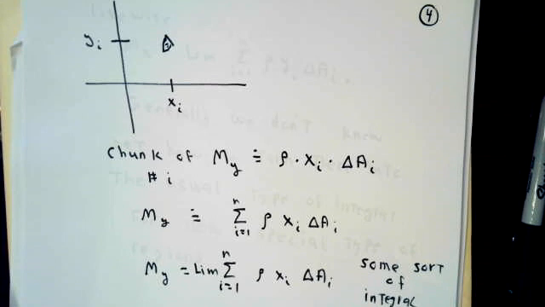The mass is the mass density rho times the area, so I just have to multiply by the x-coordinate of the chunk, then add up all such things, and then in some sense take the limit as the size of the chunk tends to 0. As with arc length, it isn't immediately clear what I should do about turning that into an integral. What we'll do is we'll have a special case where things are easier to think about.